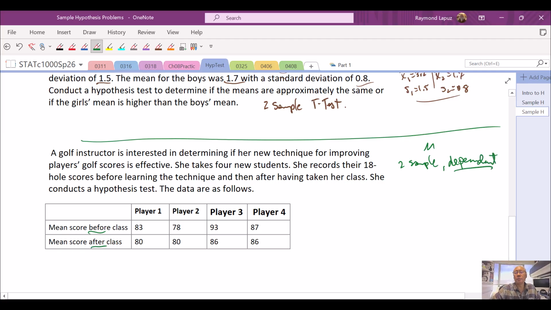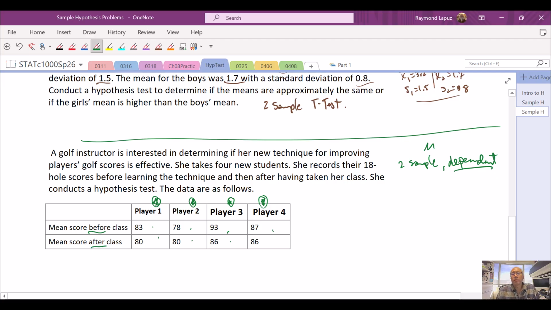I think it'll be clear when you're testing for the mean and it's dependent, because you'll usually get a table of values about before or after, something versus something. The key is that each score from each of the 2 different samples comes from one source, in this case the golf player.